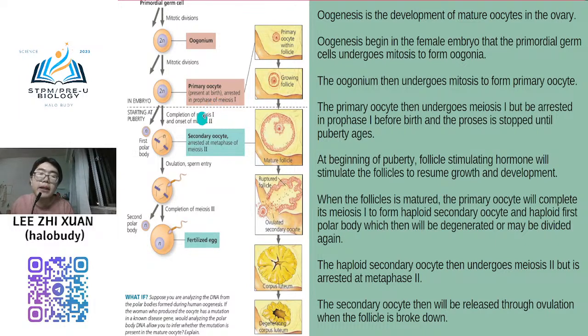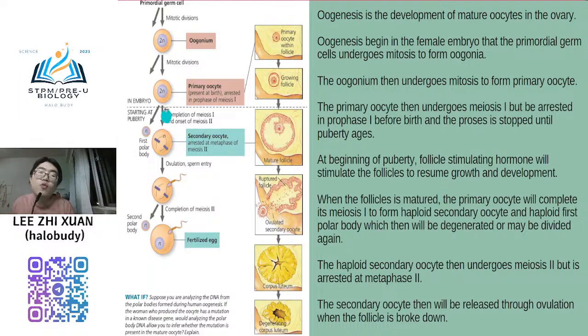It will complete meiosis 1 and go to meiosis 2, and form the secondary oocyte. Meiosis 2 is not completed yet; it will stop at metaphase 2. Once it stops, it forms the structure we call the secondary oocyte.